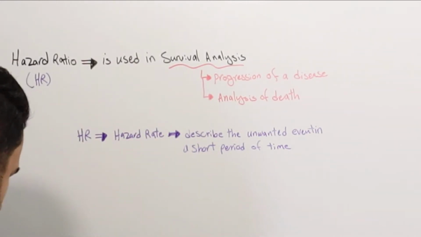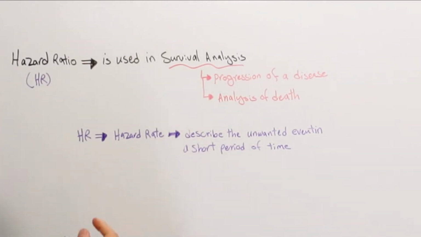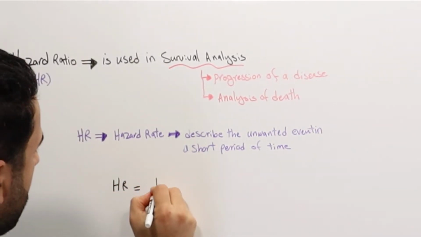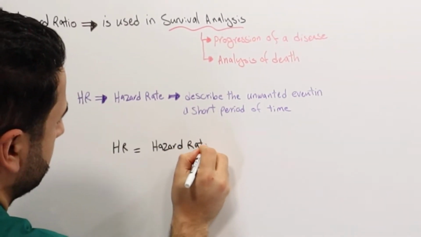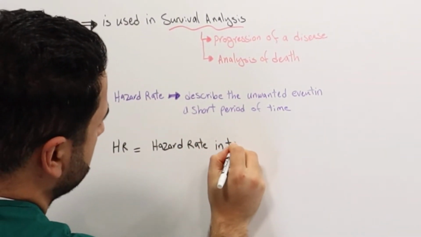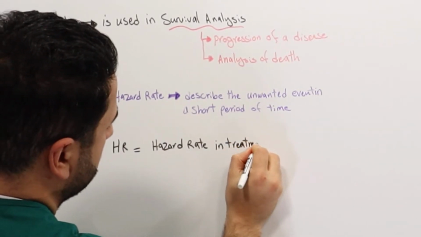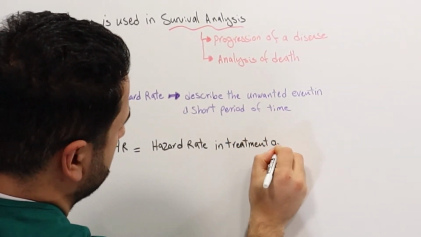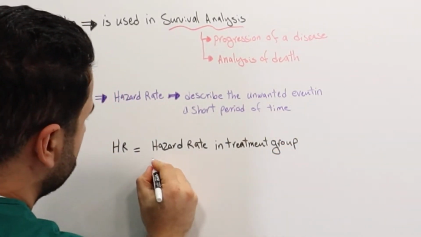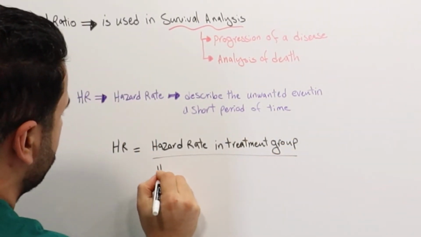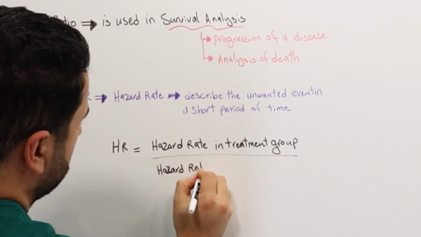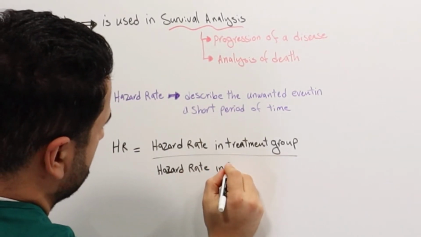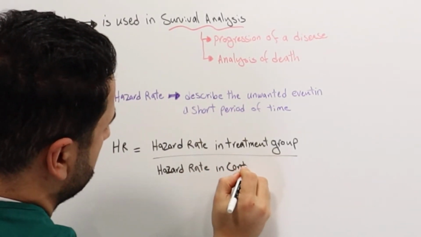So basically, the formula for hazard ratio is hazard rate in treatment group over the hazard rate in control group.